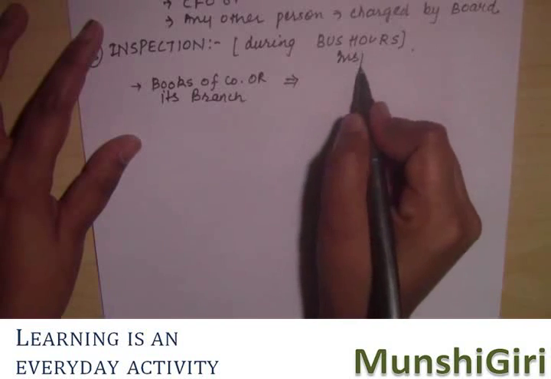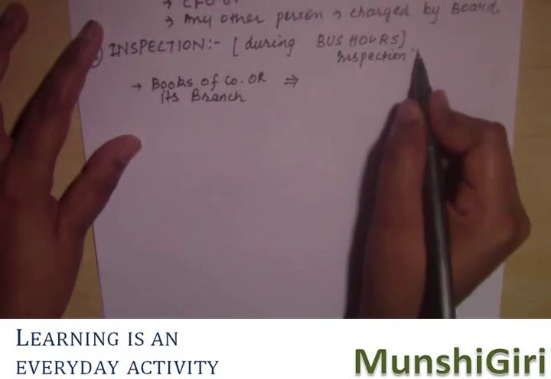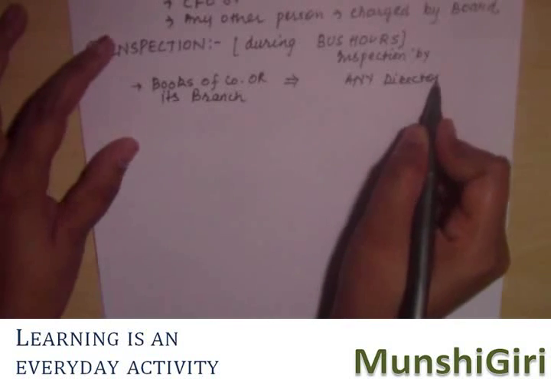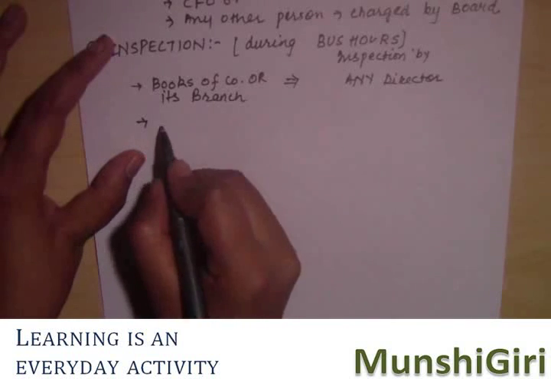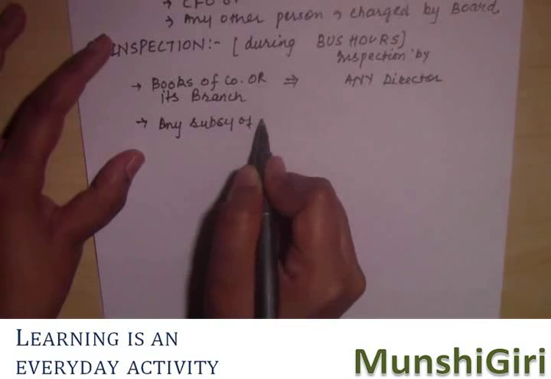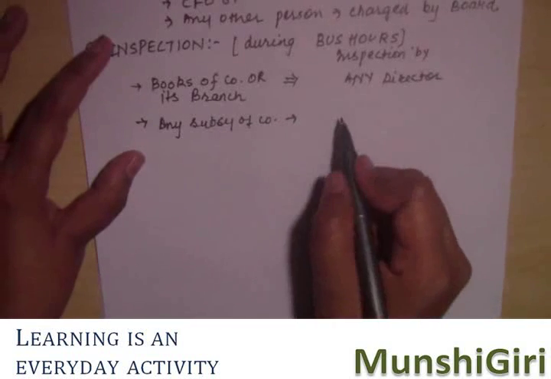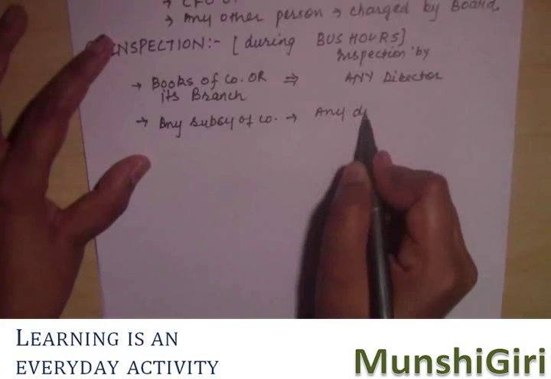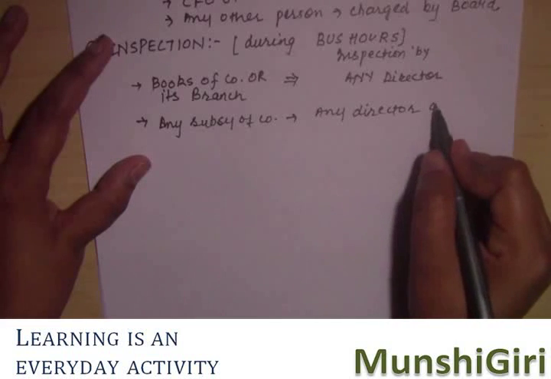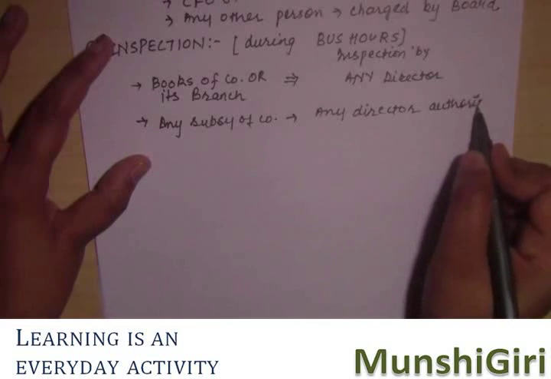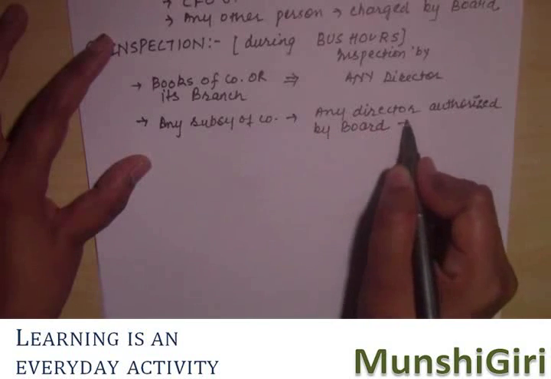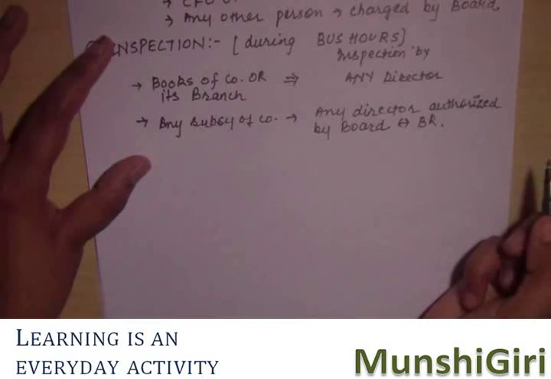The inspection can be done by any director. And in case of any subsidiary of the company, then the inspection can be done by any director who is authorized by the board through a board resolution.